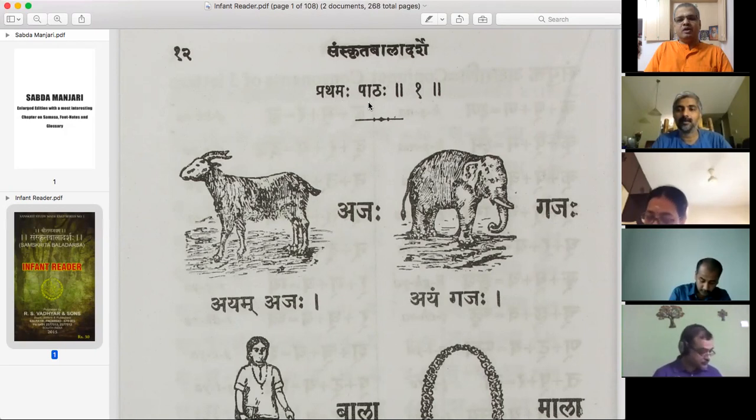Pathaha, Patau, Pathaha. Patham, Patau, Patan. Just like Rama, it will decline. Patena, Patabhyam, Pataihi. Pathaya, Patabhyam, Patebhyaha. Pathat, Patabhyam, Patebhyaha. Patasya, Patayoho, Pathanam. Pathe, Patayoho, Patheshu. He Patha, he Patau, he Pathaha.